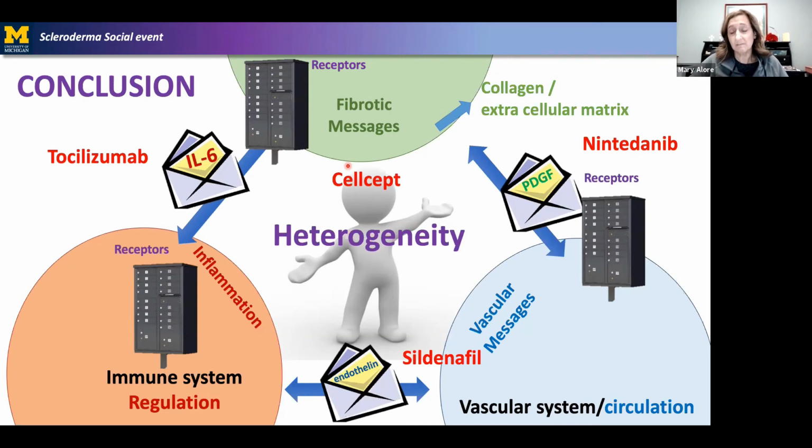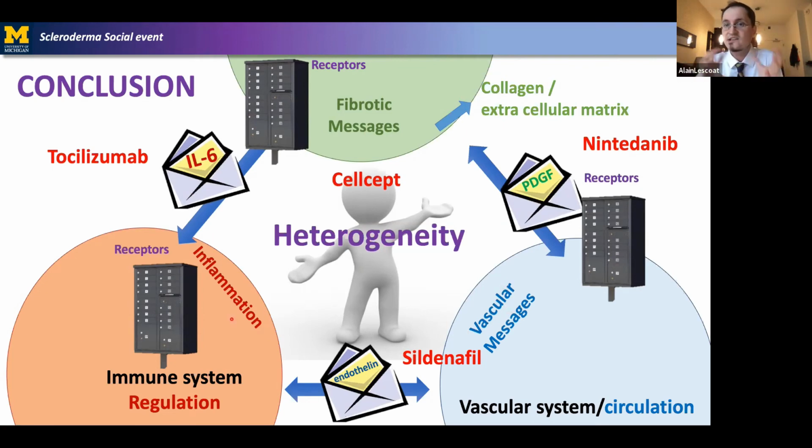Yeah, all three. Okay. So in most of the patients, all three systems are affected, but more or less. There are some patients with a little bit of inflammation, a little bit of vascular messages, but a lot of fibrotic messages. In other patients, there are very few fibrotic messages, a lot of vascular messages, and a little bit of inflammation.